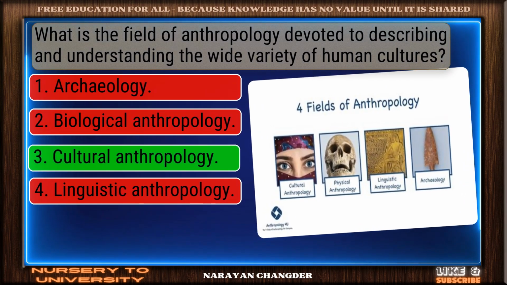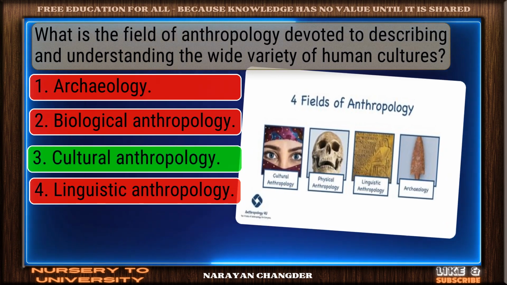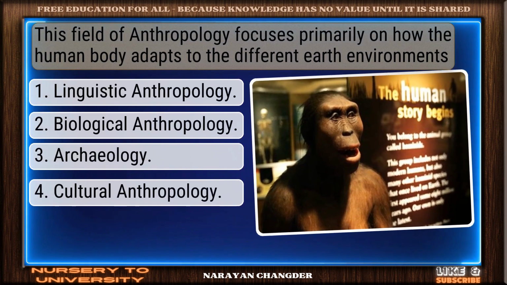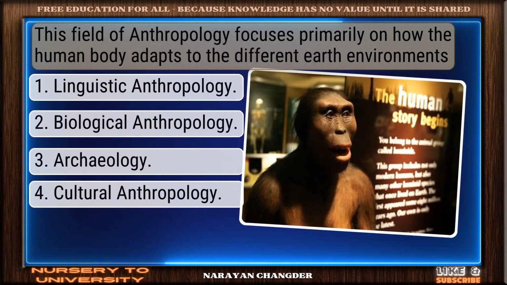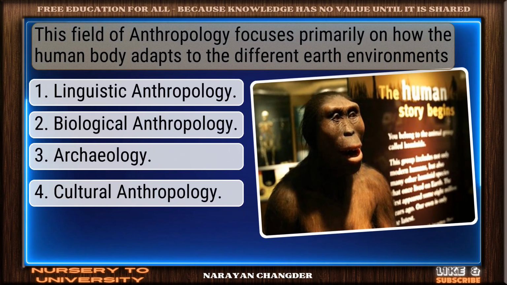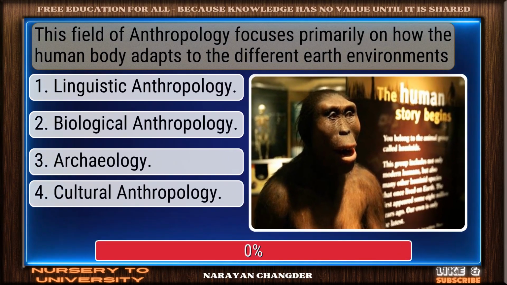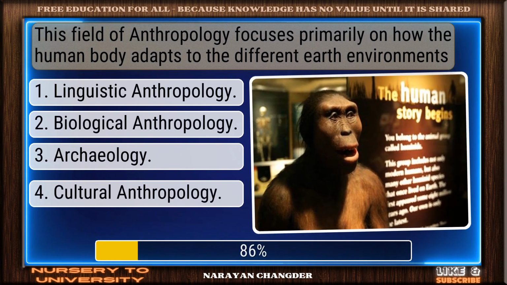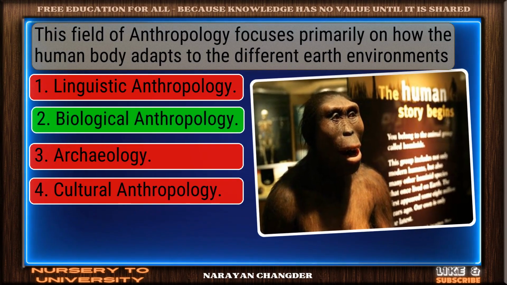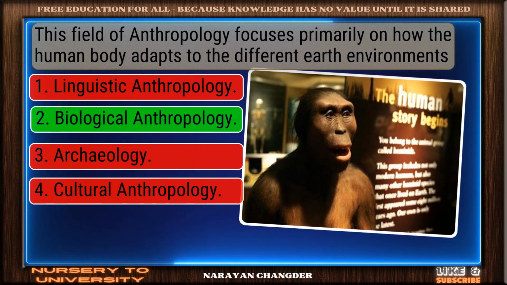Right choice. Cultural anthropology is the best answer. This field of anthropology focuses primarily on how the human body adapts to the different Earth environments. Well done. Biological anthropology is the right choice.